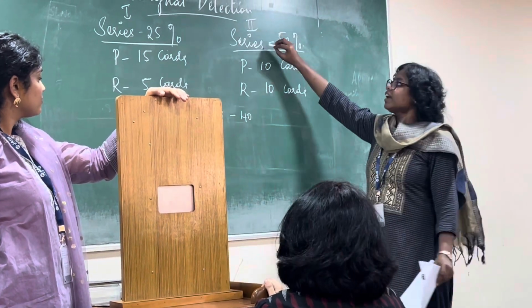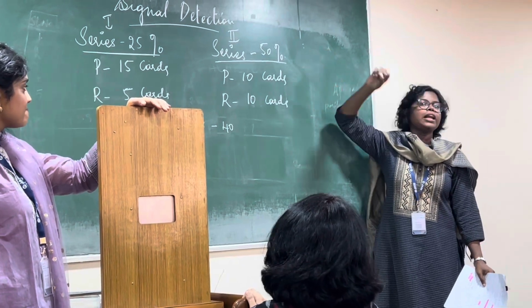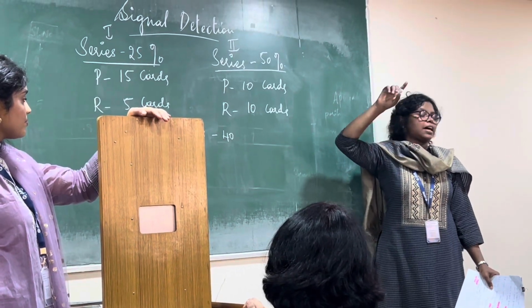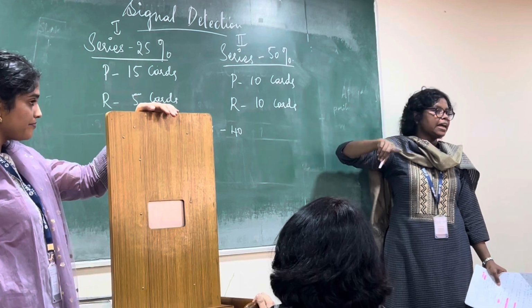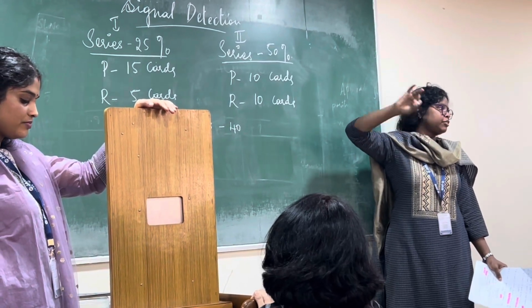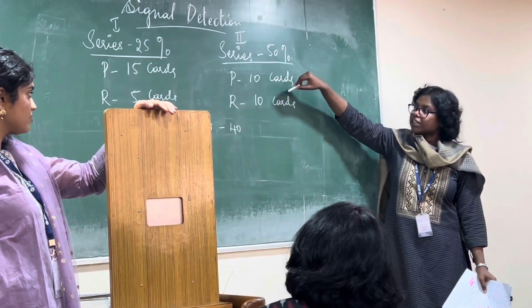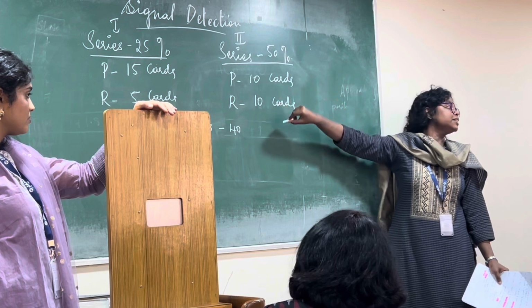In series 2 it is 50%, where you will include 10 P cards and 10 R cards. Both the letters should be equal in number, 50-50. Therefore, it is considered as 50%, and the total number of cards for series 2 is 20.